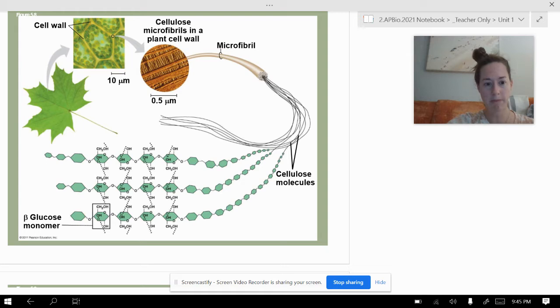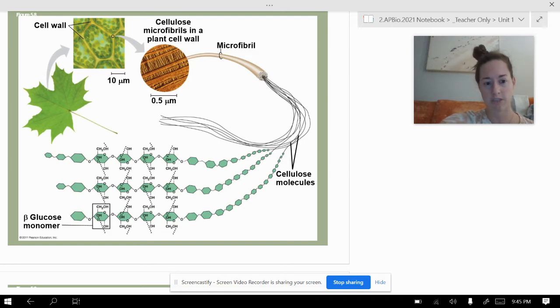And because it's happening, it allows these hydrogen bonds to form, which creates a stronger, more stable structure. So the cellulose is able to form into these long strands. There's no branching, which forms microfibrils and a very thick and stable structure that your body's actually not able to break down.